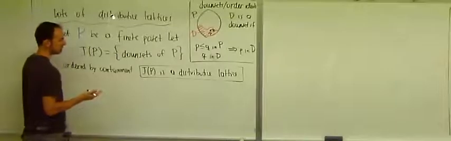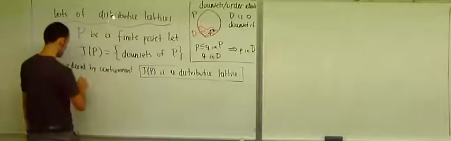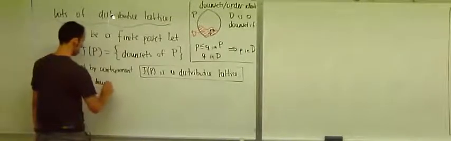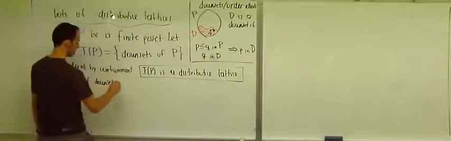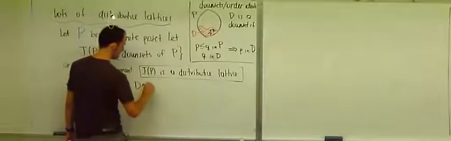First of all, why is it a lattice? So let's take two downsets, D and E. So what is their meet going to be?